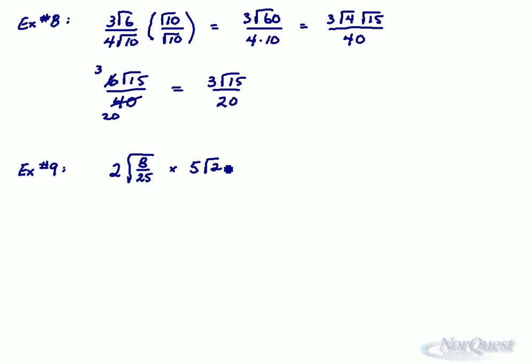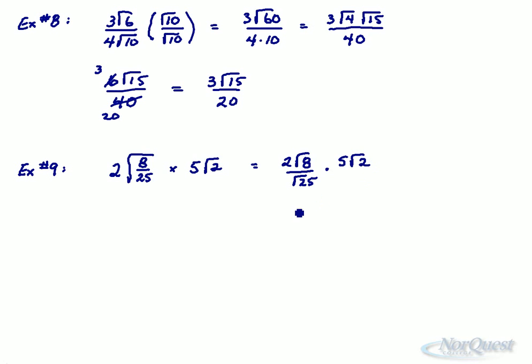Alright, well the first thing I'm going to do is simplify, because I'm not allowed to have fractions in there. So I'm going to write this as 2 root 8 over root 25. And then I'm going to go times 5 root 2.